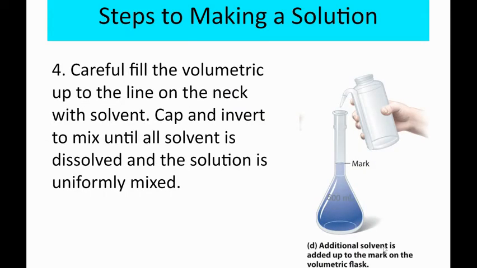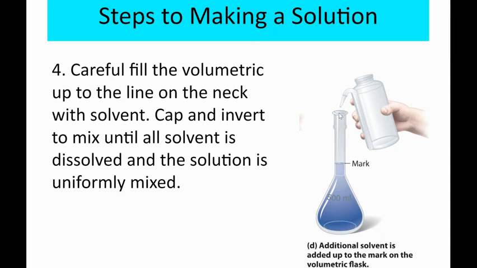And then finally, we carefully fill up the volumetric to the line on the neck. There's a special line on the neck or a mark that tells us exactly where 500 milliliters is. Once we do that, we'll cap our volumetric flask at the top, and then we can invert it to mix to make sure that the solution is dissolved and uniformly mixed.